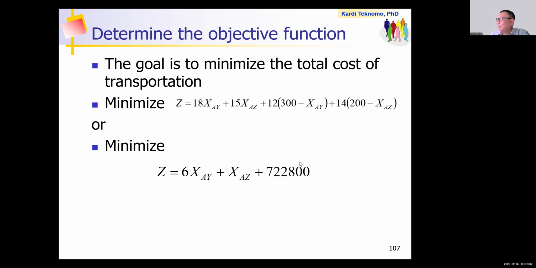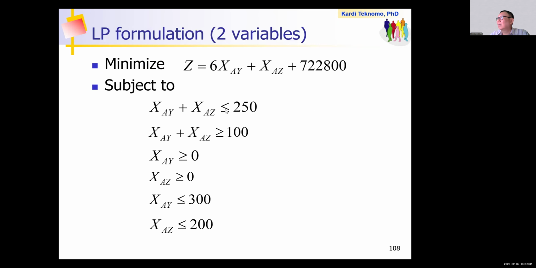If you multiply 12 times 300 plus 14 times 200, you will get this value. Once you minimize, your constraints suddenly become simple, but now you have an intercept. So now we combine all of this. This is the LP for 2 variables. This is the one that you will put into Excel.